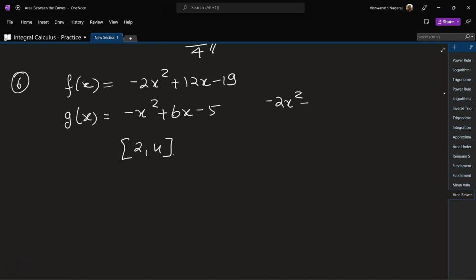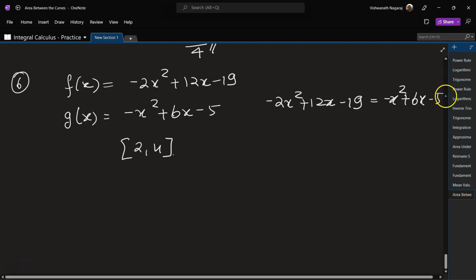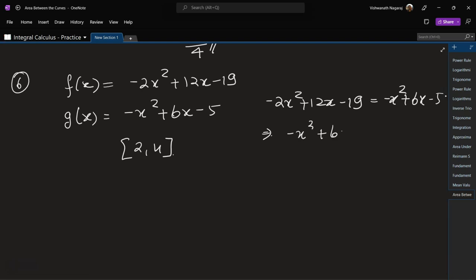Minus 2x square plus 12x minus 19 is equal to minus x square plus 6x minus 5, which implies minus x square plus 6x minus 14 equal to 0, which can be written as x square minus 6x plus 14 equal to 0.